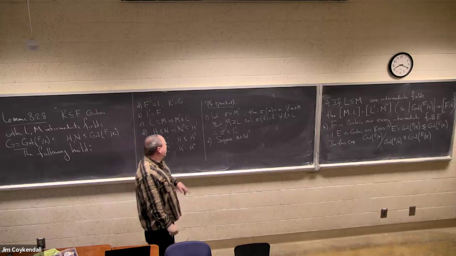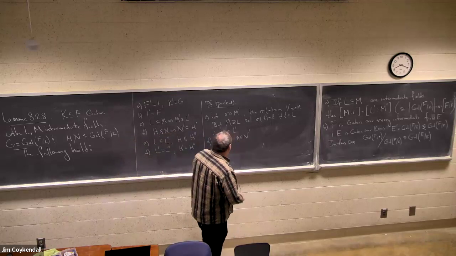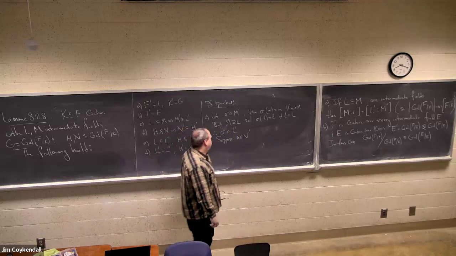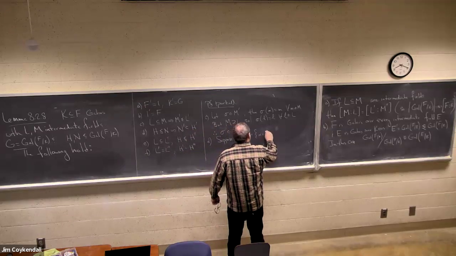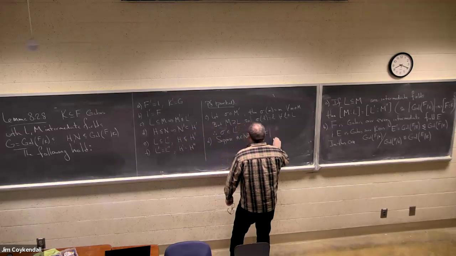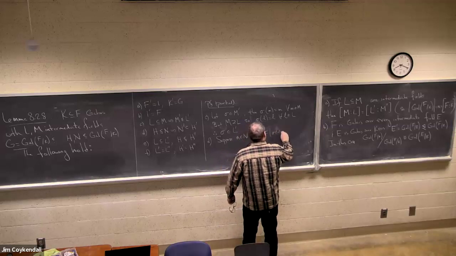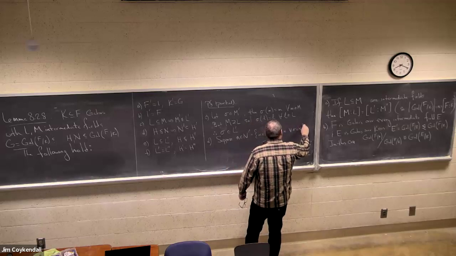So this means, of course, that n is an element of the field, right? And this field is determined by what is H prime. This is the set of alpha in F such that sigma alpha is equal to alpha for all sigma in it.